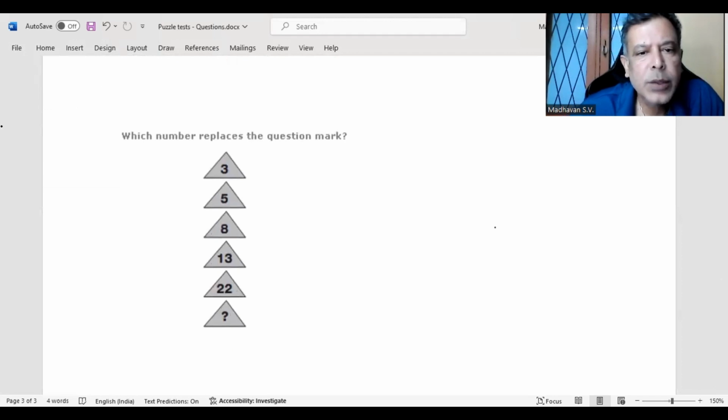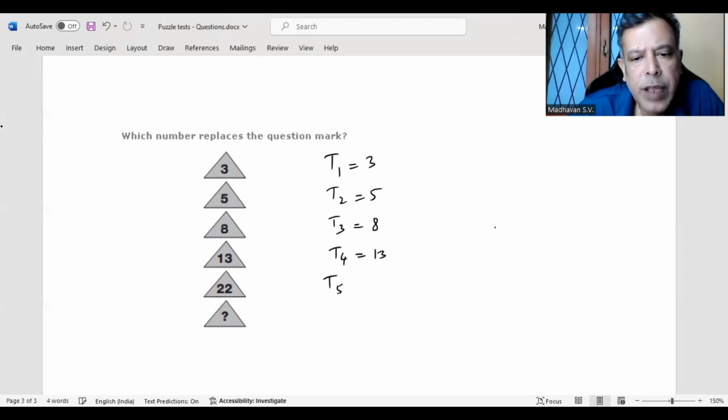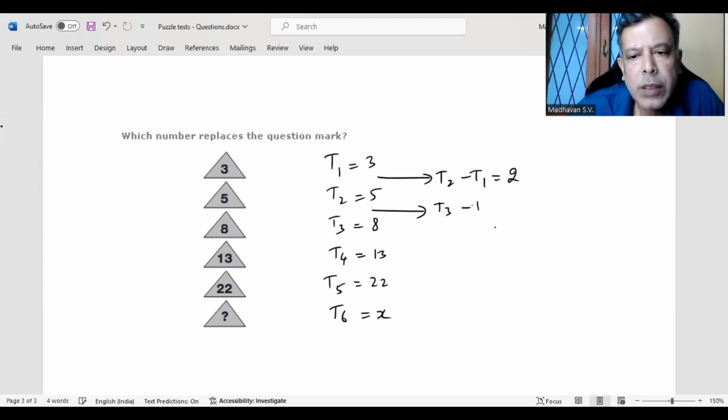Which number replaces the question mark? So here our term 1 is 3. Term 2 is given as 5. Term 3 is 8. Term 4 is 13. Term 5 is 22. Term 6, we'll call it as X. Now, here in between, term 2 minus term 1 is 2. Term 3 minus term 2 is 3.